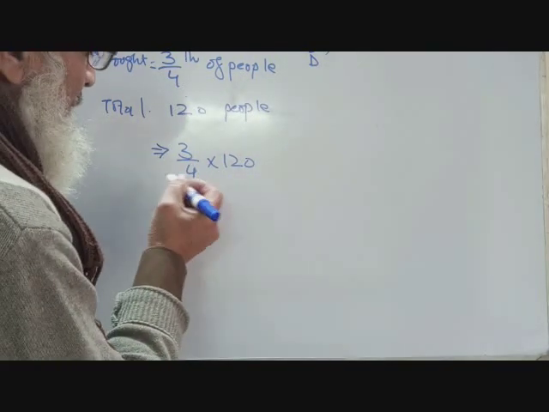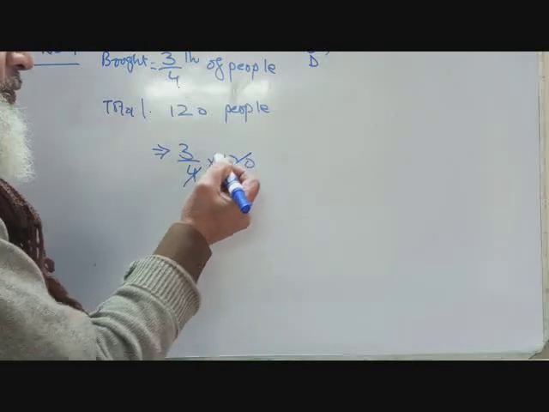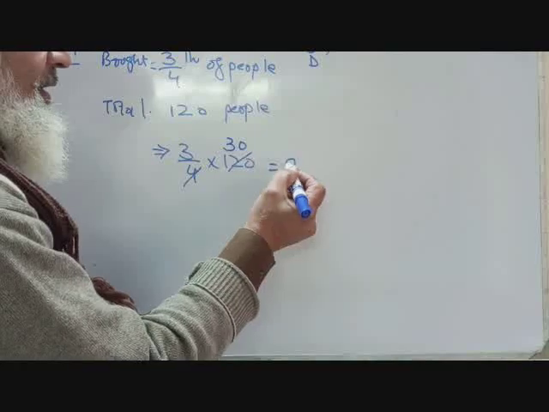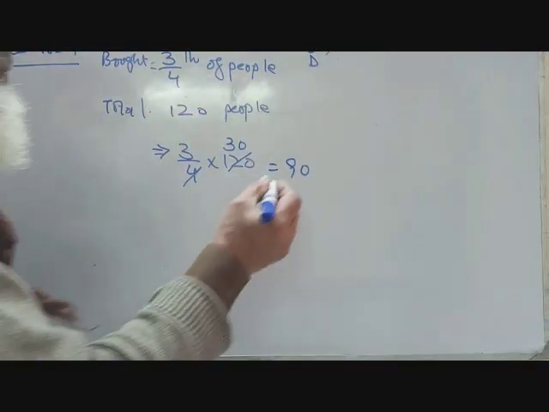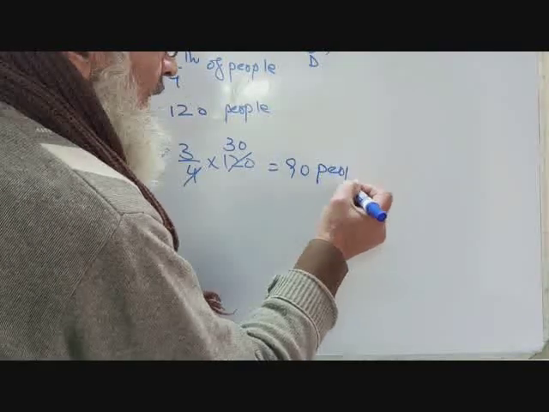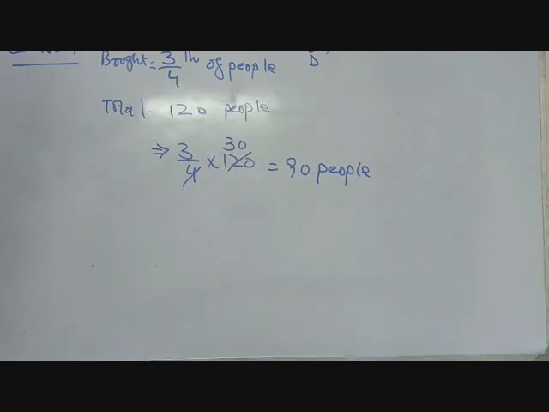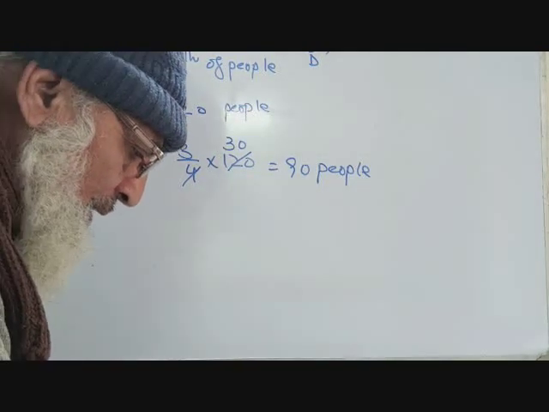So we simply cut down 4 into 120, and 3 times 30 is 90. That means 90 people bought something out of that auction. So this was a very easy question. Now let me proceed to another question.